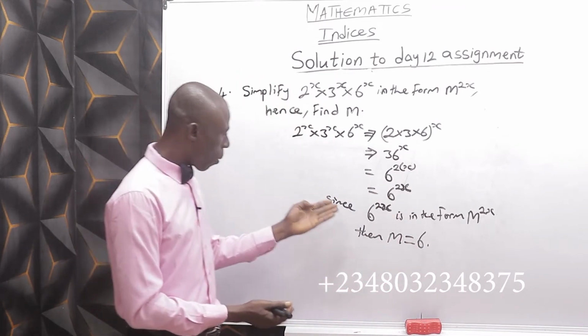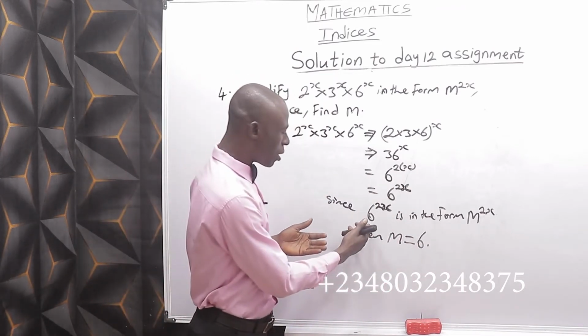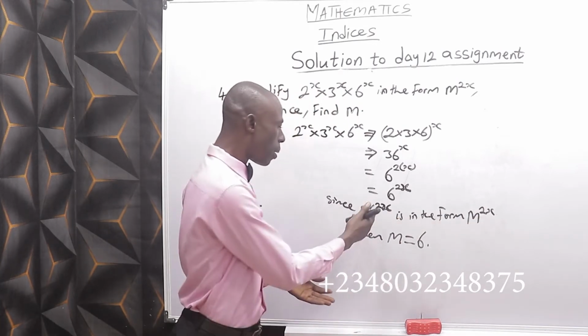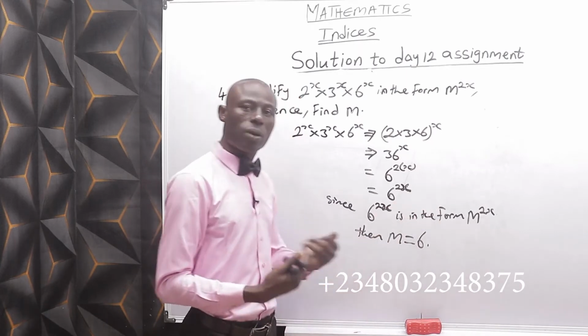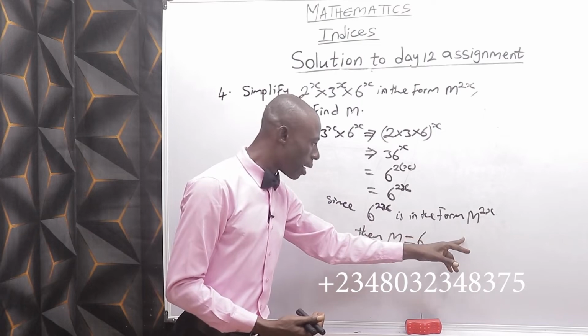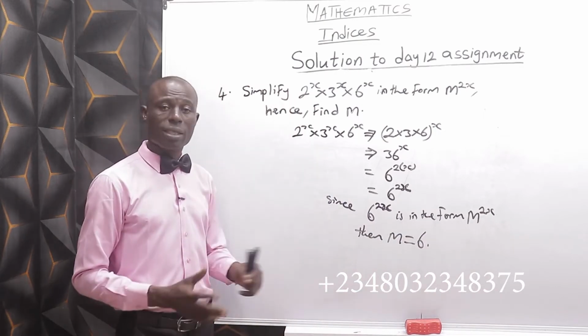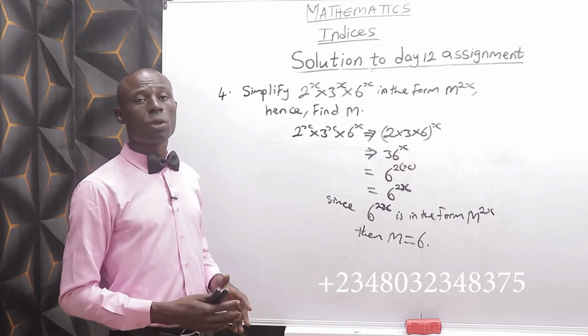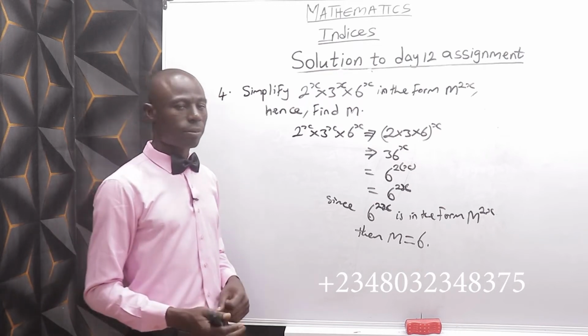Do you understand? Just compare, by comparison. 6 raised to power 2x is in the form m raised to power 2x. Power 2x here is the same thing as power 2x there. The base 6 here must be the base 6 here, meaning that m is equal to 6. That is the end of the solution of the assignment. You can now move on to today's topic.